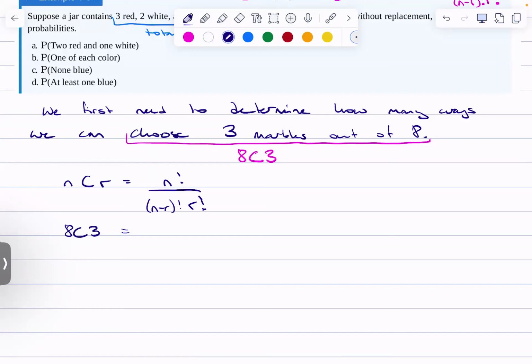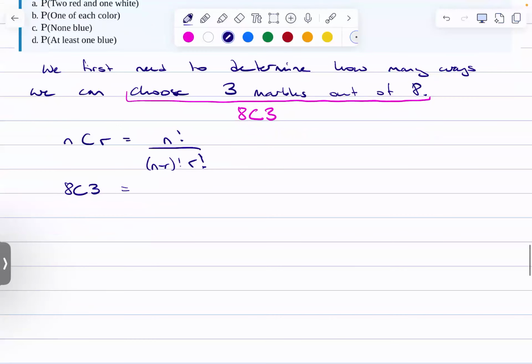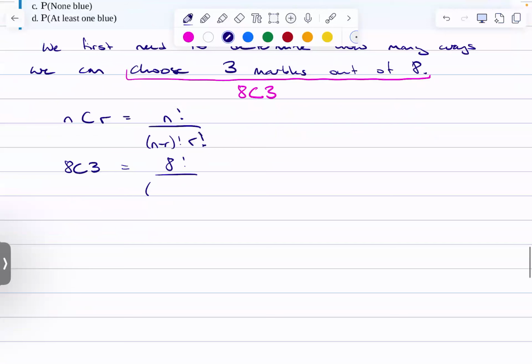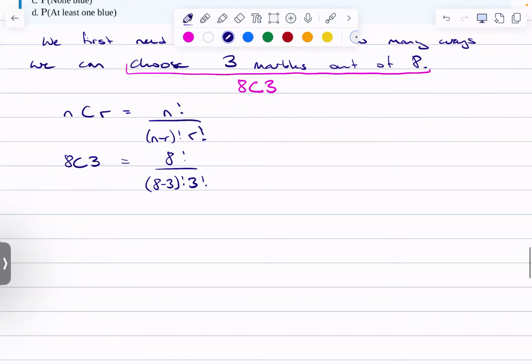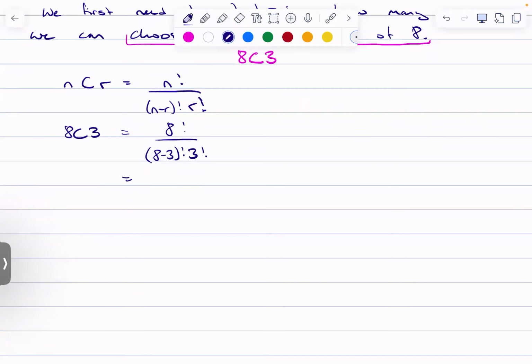Okay. So we can use the formula 8 factorial over 8 minus 3 factorial times 3 factorial. 8 minus 3 makes 5, so I'm going to expand 8 factorial until I hit 5 factorial. 8 times 7 times 6 times 5 factorial over 5 factorial times 3 factorial. Those guys will cancel.